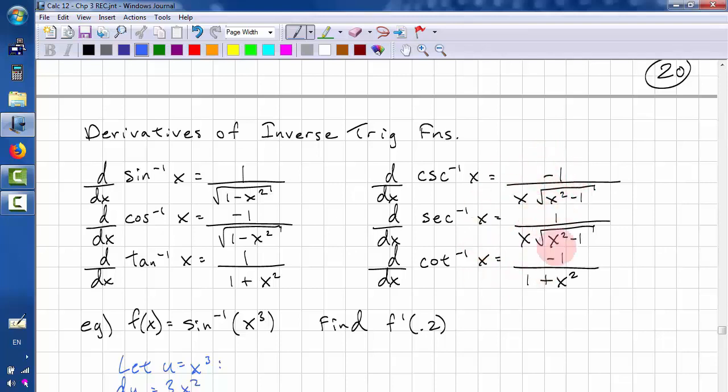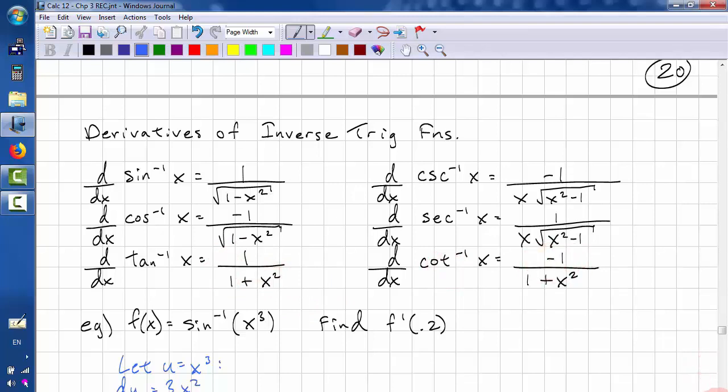And we use these ones less, but you should still learn them. The order changes, it's x squared minus 1. Inverse cosecant becomes negative, and we add an x in front as well. Inverse secant is identical to inverse cosecant, but it's positive. And inverse cotangent is the same as inverse tangent, but with a negative sign.